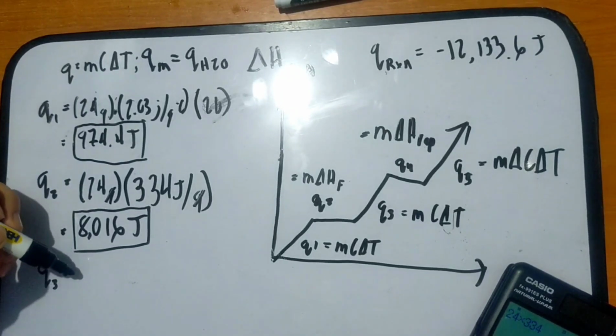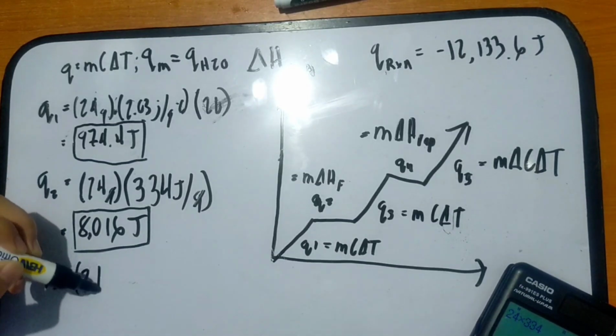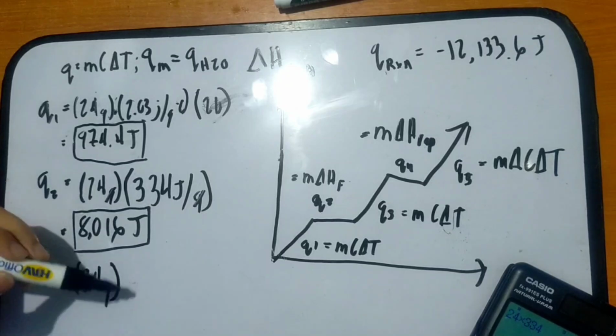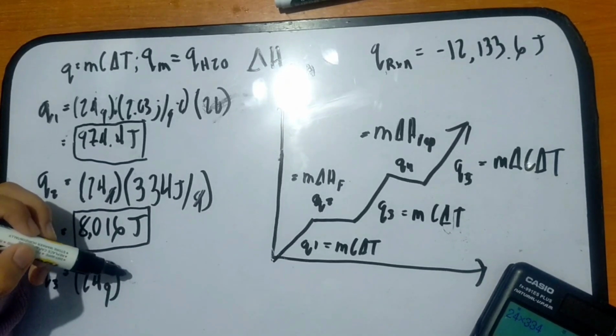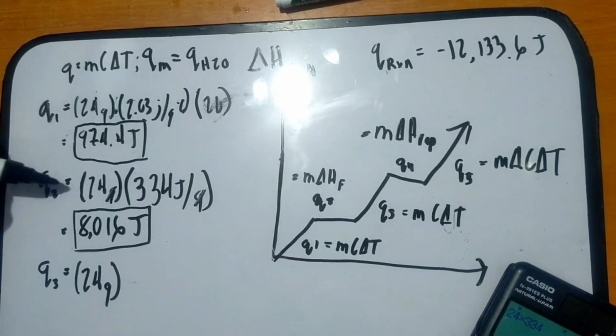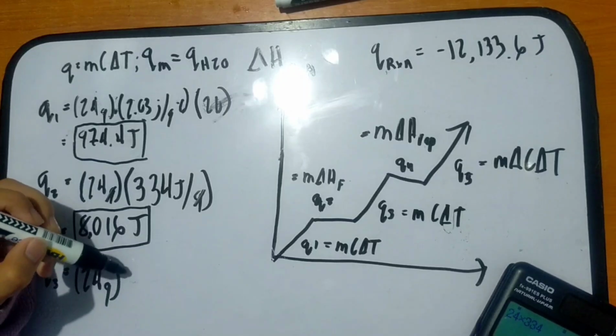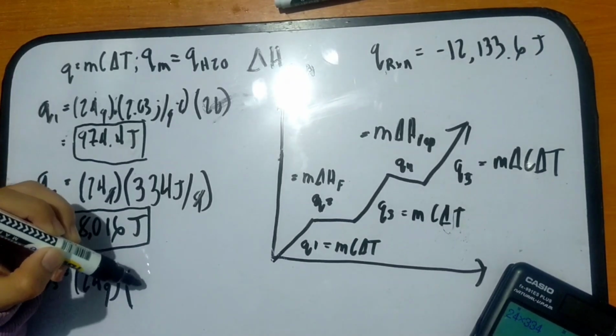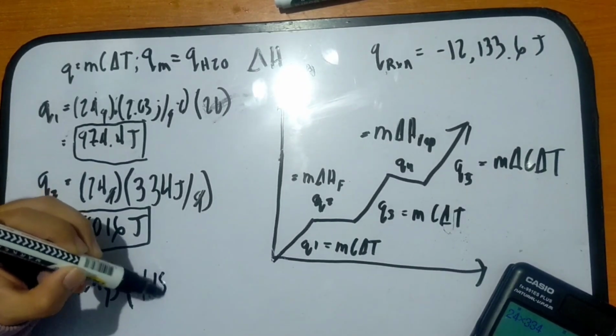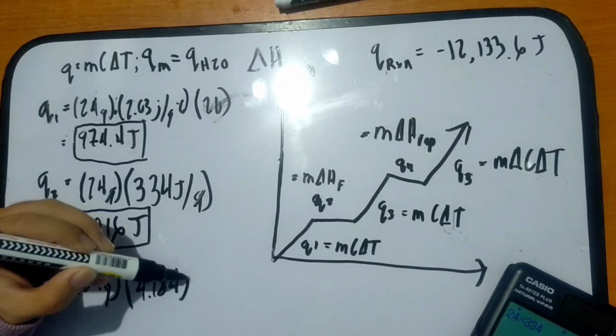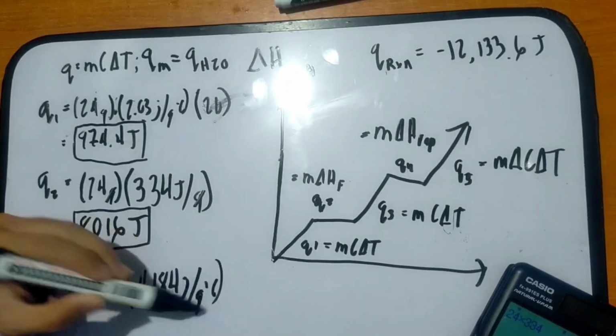Now, we're solving for the same thing, but what makes it different is now it's in liquid form. So, we have 24 grams of water na instead of ice, since it already melted sa Q2 because of the heat fusion. So, our heat capacity here now is 4.184 joules grams per Celsius.